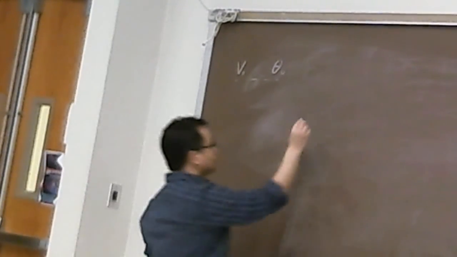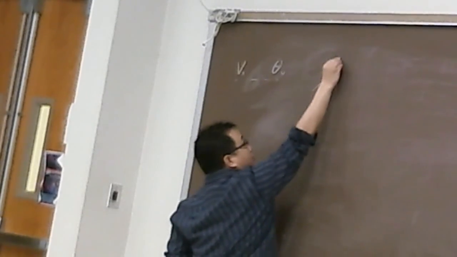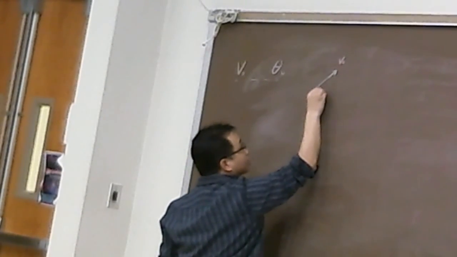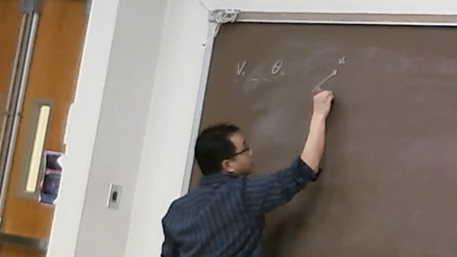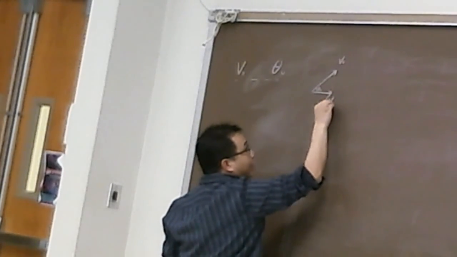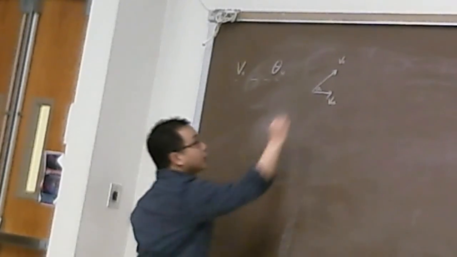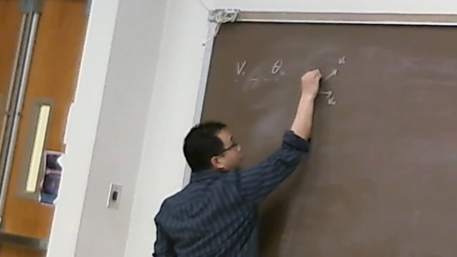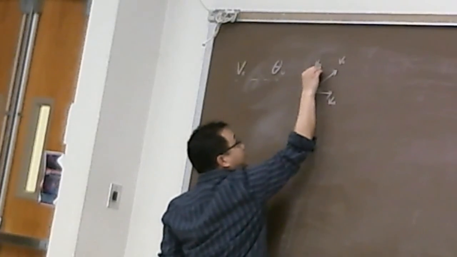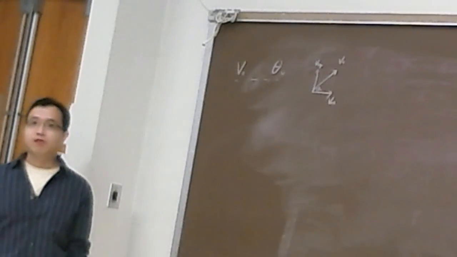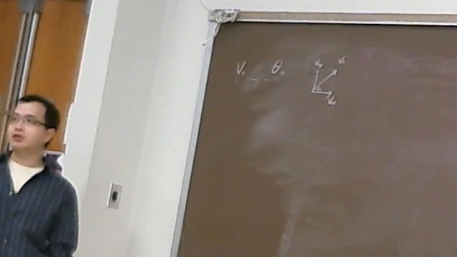If you have some initial velocity, this is v naught, this is theta naught, you have to get v naught x, the initial velocity along the x direction, and v naught y. Follow the standard procedure of vector decomposition.